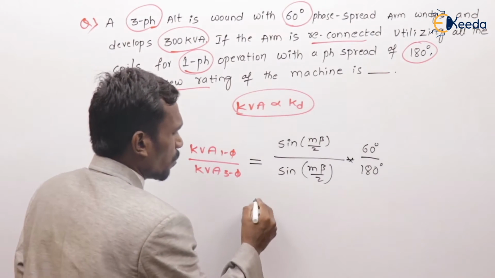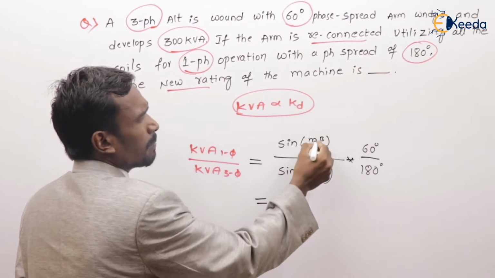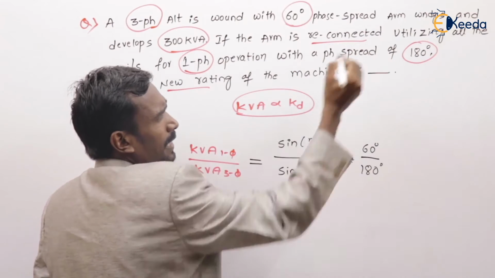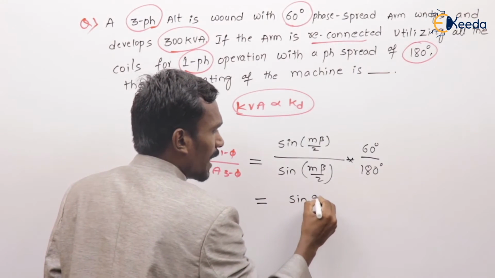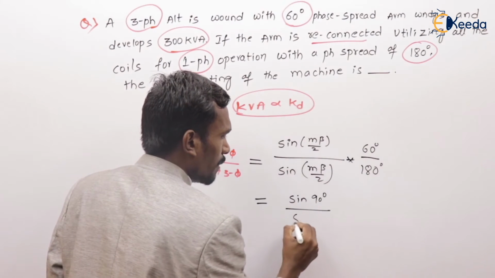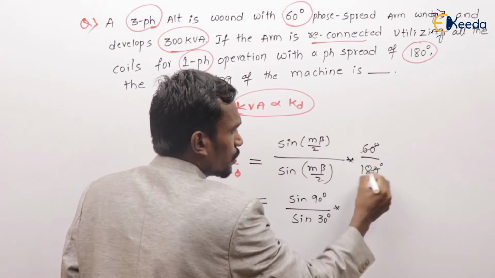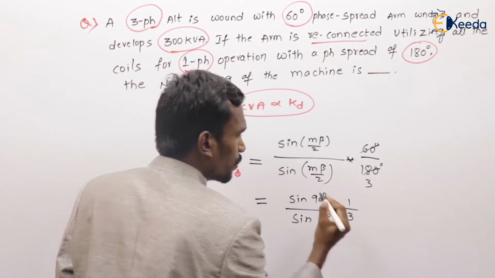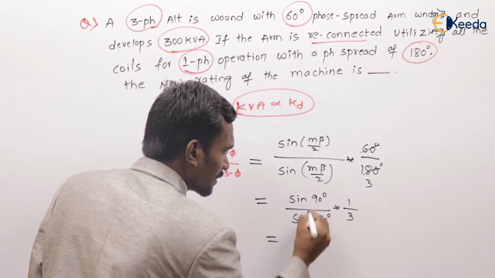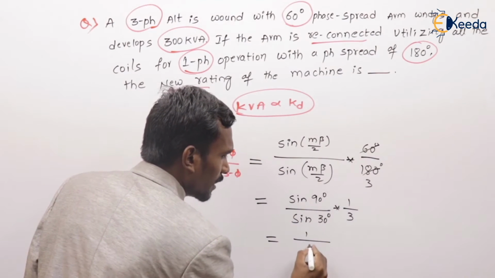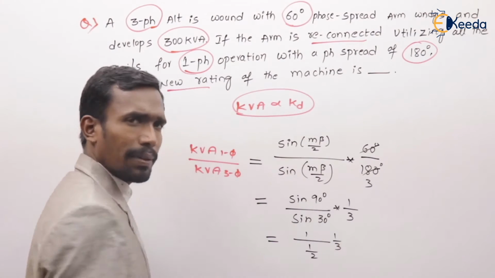Now tell me, what is the answer? Here, for single phase, m beta is 180, so 180 by 2, sine 90, divided by sine 60 by 2, sine 30, into 1 by 3. Sine 90 is 1, sine 30 is 1 by 2, multiplied by 1 by 3.